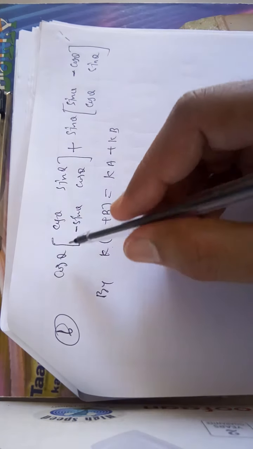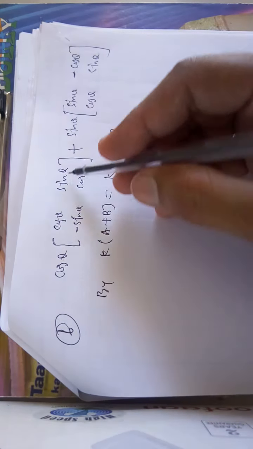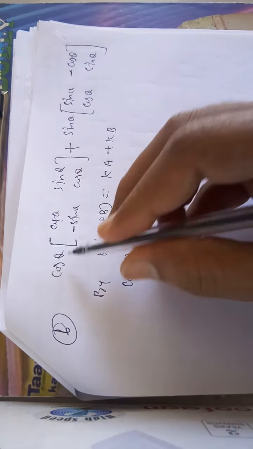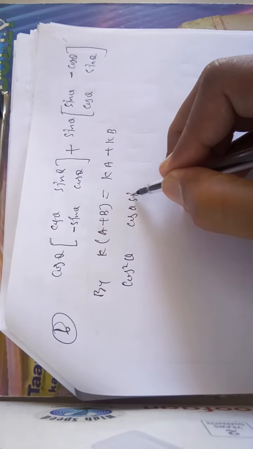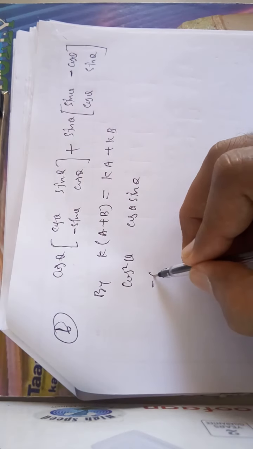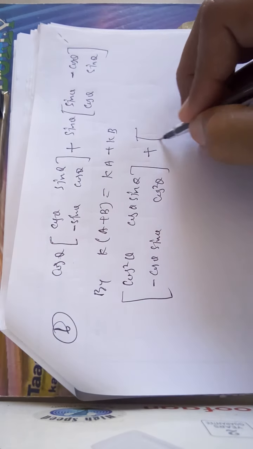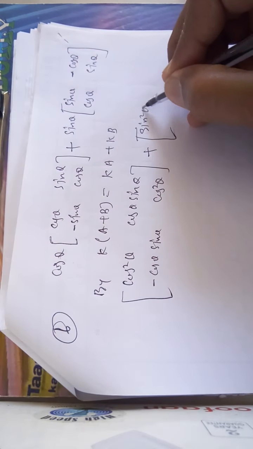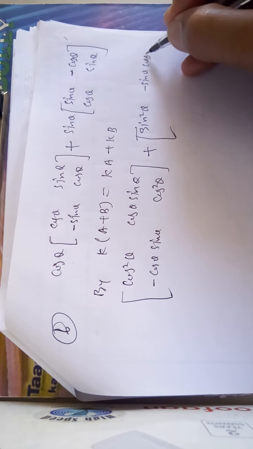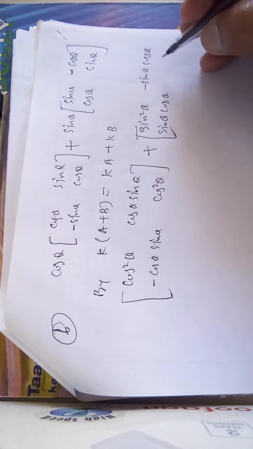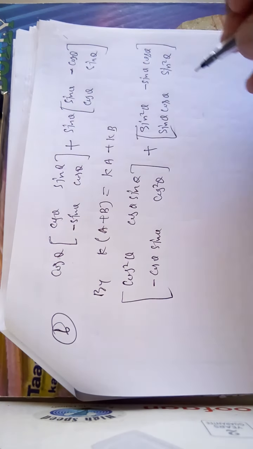Multiply cos in each and every element: cos squared theta, cos theta sin theta, then -cos theta sin theta, cos squared theta. This is the first matrix. Plus the second, multiplied by sin: sin squared theta, -sin theta cos theta, and sin theta cos theta, sin squared theta.